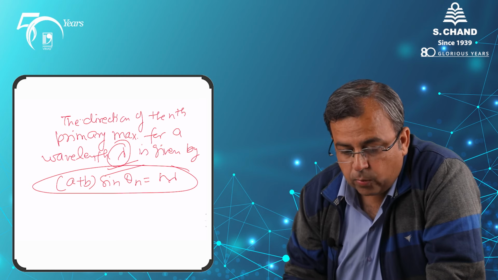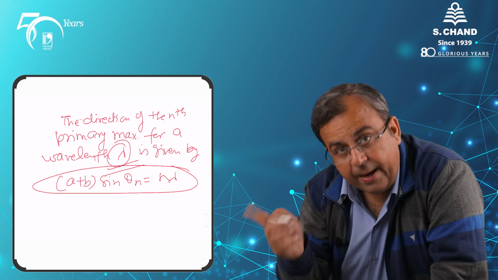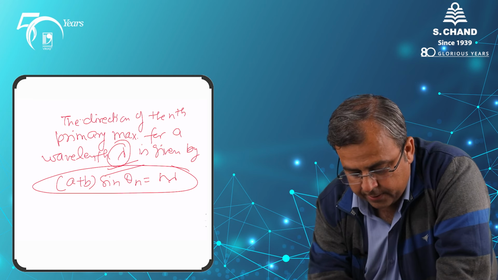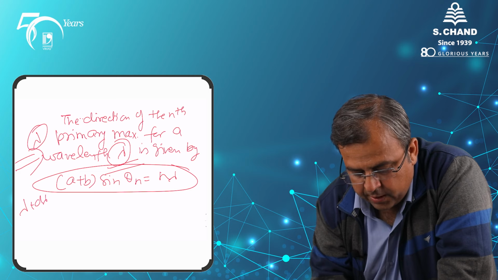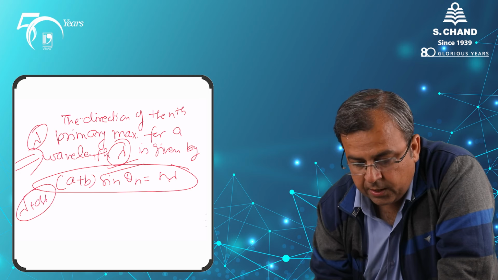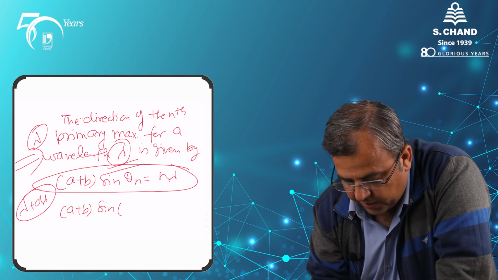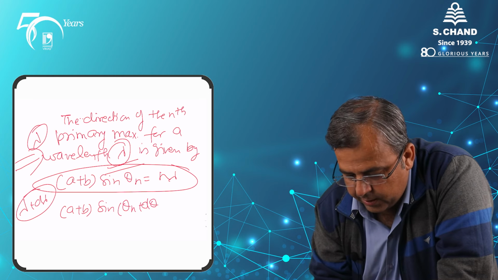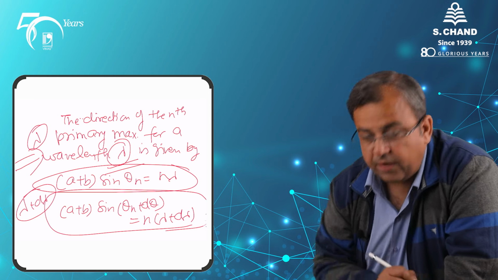We have done this a number of times. Similarly, the direction of the nth primary maximum for a wavelength lambda plus d lambda we can calculate as well. It will be (a plus b) sin of (theta n plus d theta) is equal to n times (lambda plus d lambda). I hope it is clear to each and every one of you.